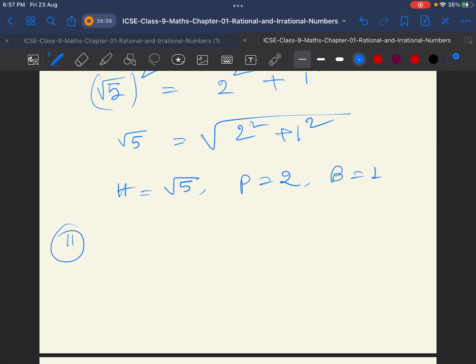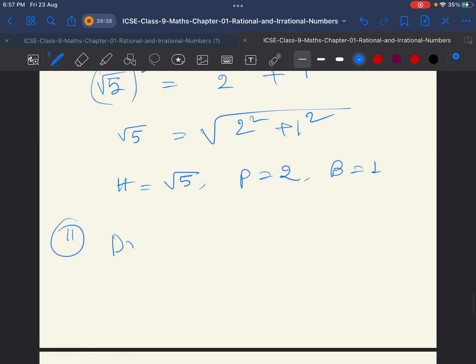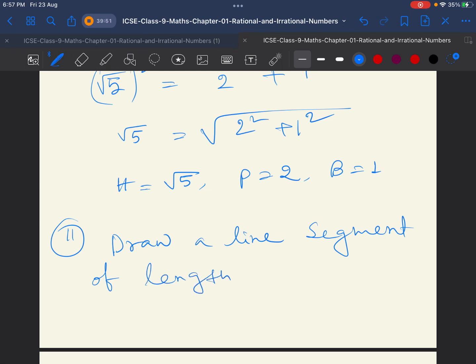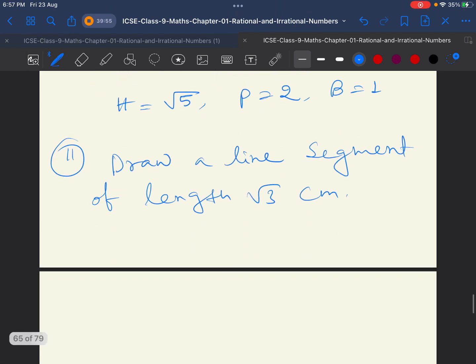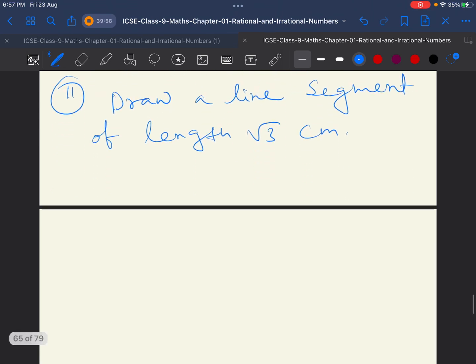So now question number 2, draw a line segment of length root 3 centimeter. So first root 3 we can write as the square root of 2 square minus 1.